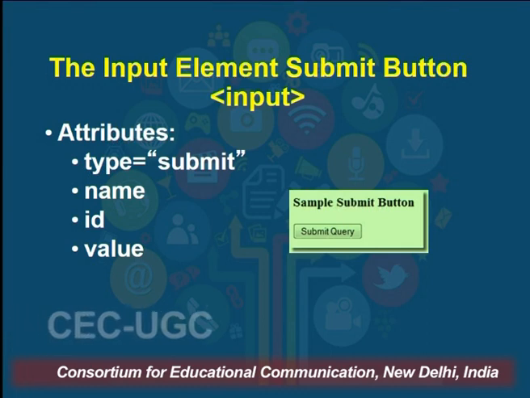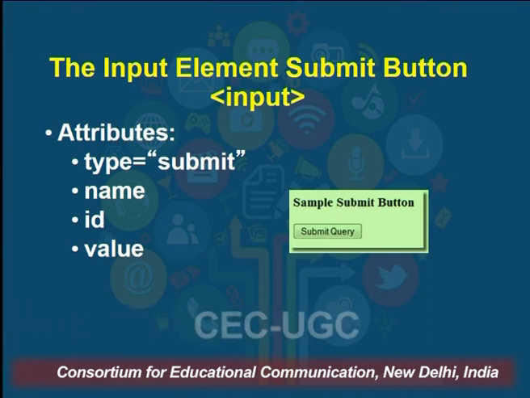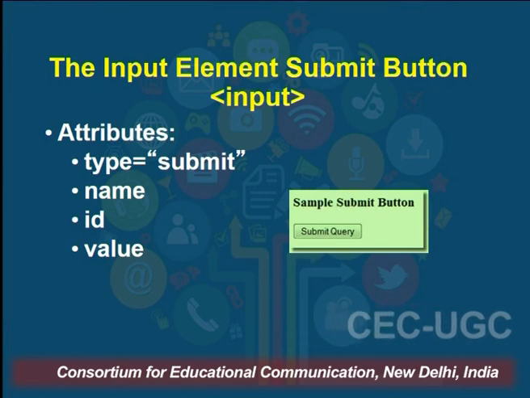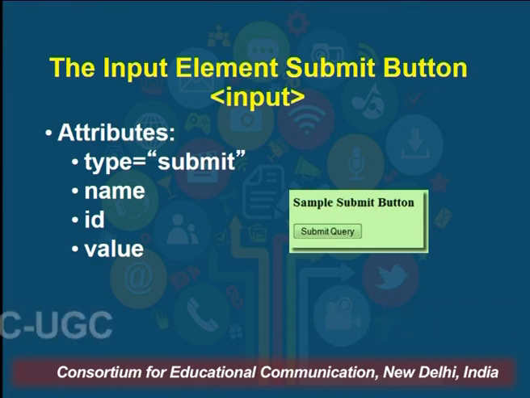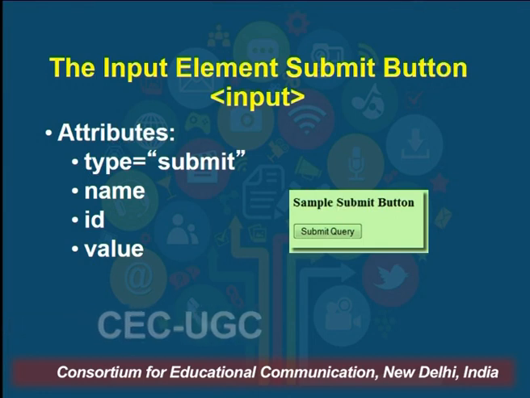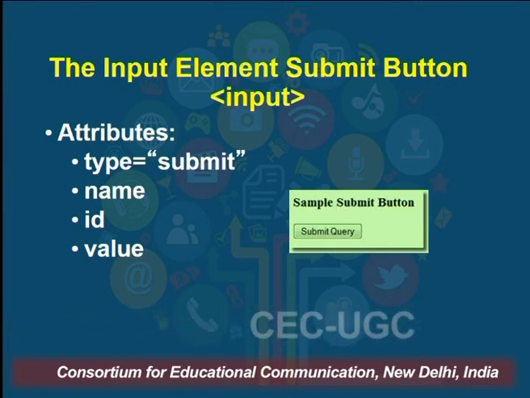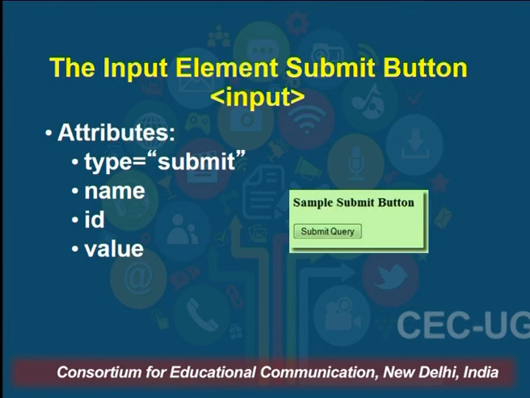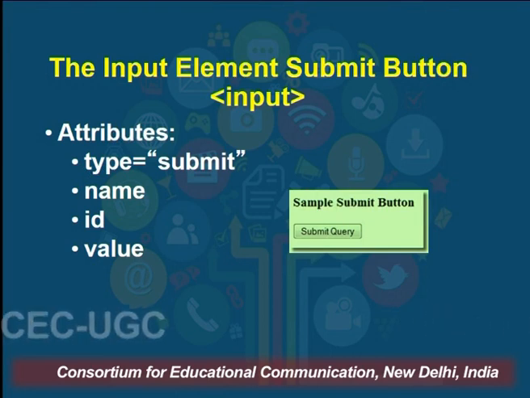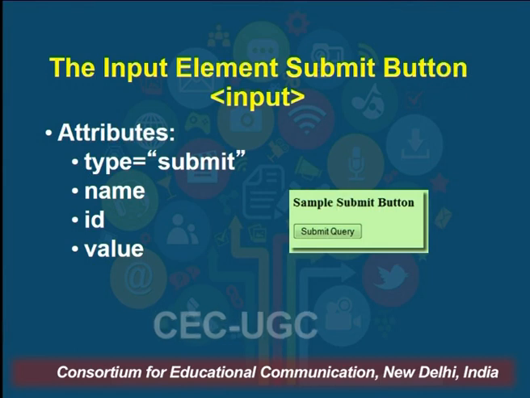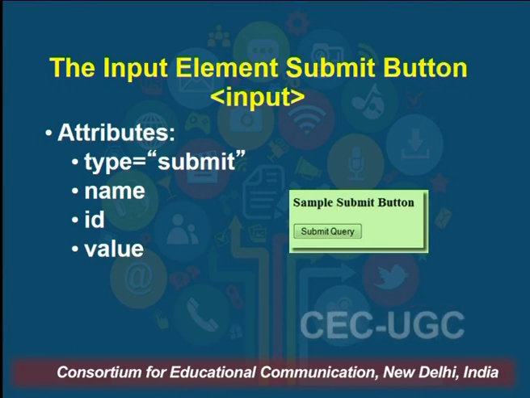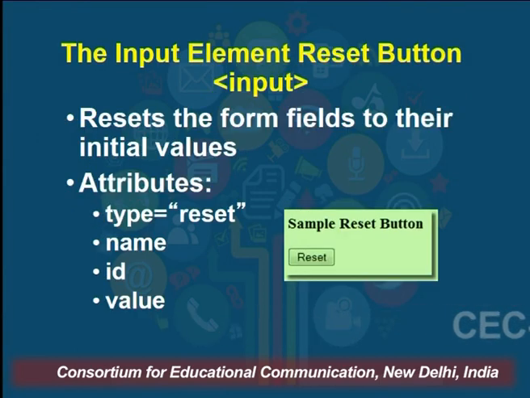Here it is important to note that whatever you give in the value attribute of the submit button will become the caption of the button. For example, in this particular button the caption is submit query, so you write value is equal to submit query.